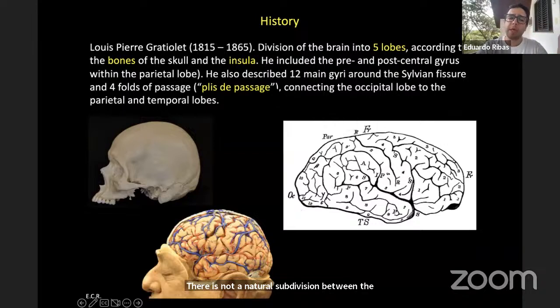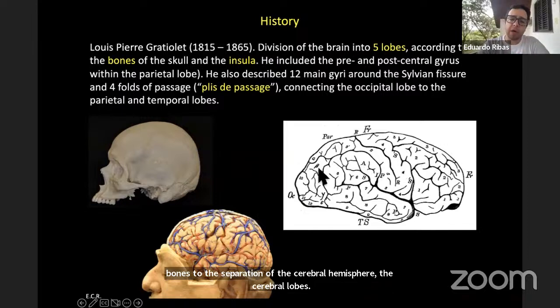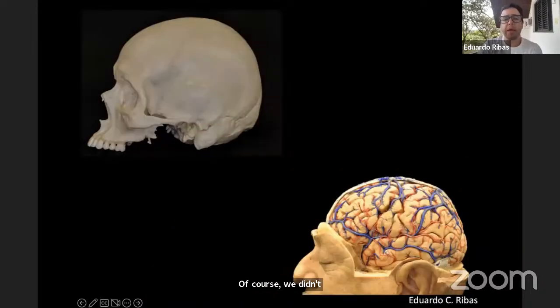So in the beginning, he took advantage of the natural separation between the bones of the skull, and he related the separation of the bones to the separation of the cerebral lobes. Of course, we didn't know much about the brain anatomy at that time, but we already knew about the bones. So we were using the cranial sutures to divide the brain itself.